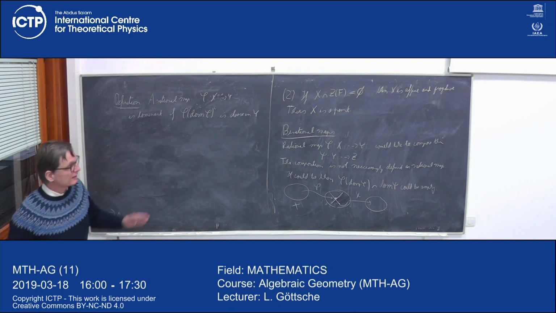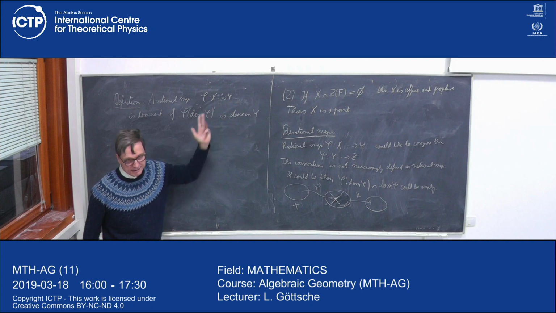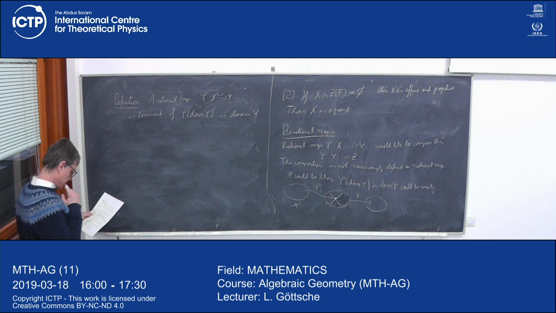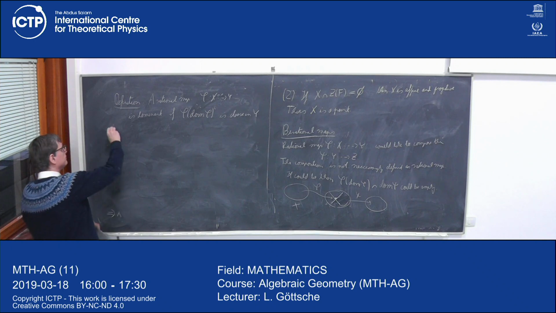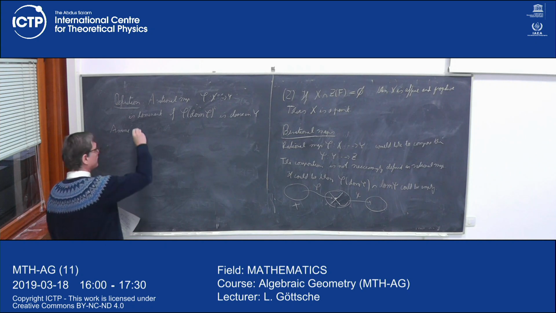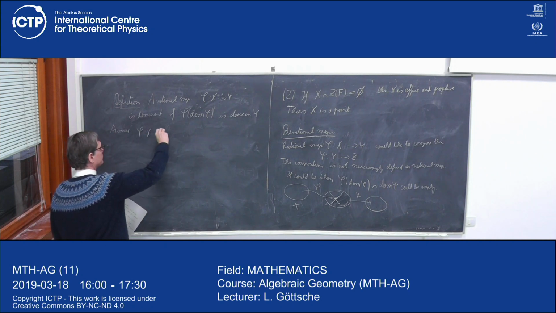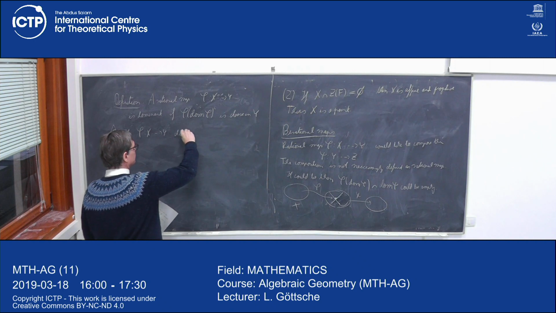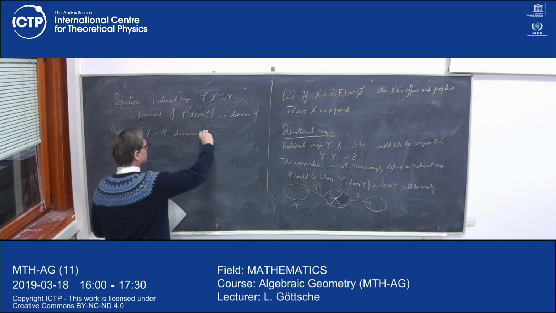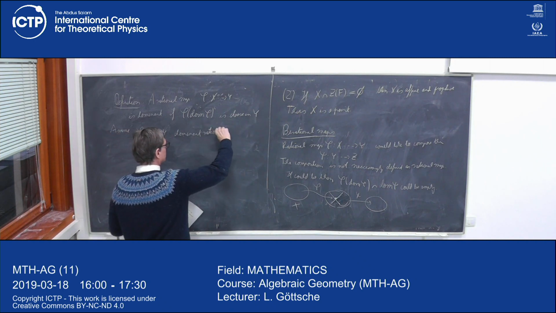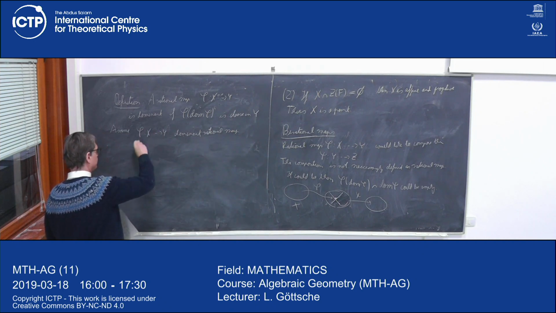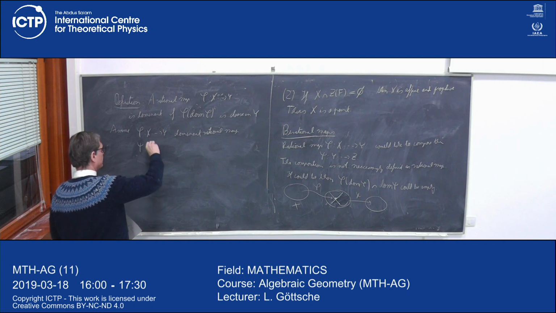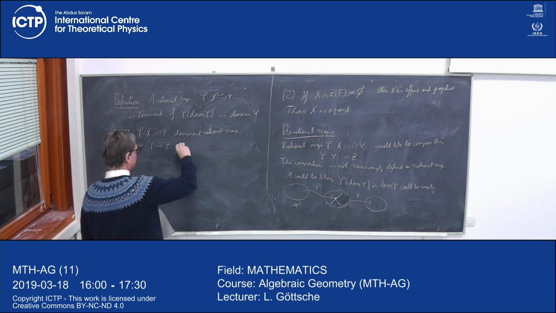Obviously, if it's dense in Y, then any open subset in Y must intersect. So assume that phi from X to Y is a dominant rational map. And say psi from Y to Z is just a rational map.